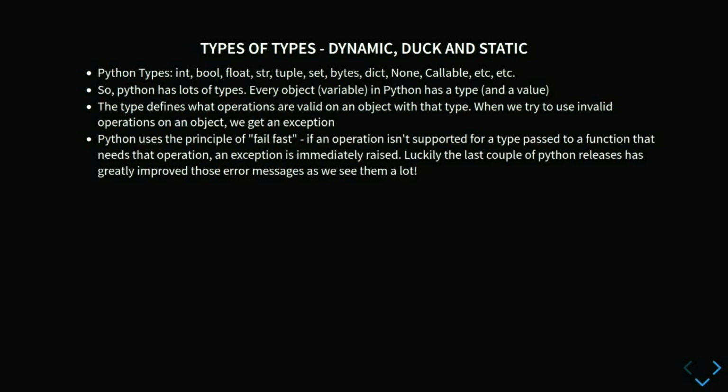So Python has lots of types. In fact, every object or variable that you create in Python has a type and a value and an ID and some other things, but every object is an object of a certain type. And the type that the object is defines what operations are valid on it, what it can do.